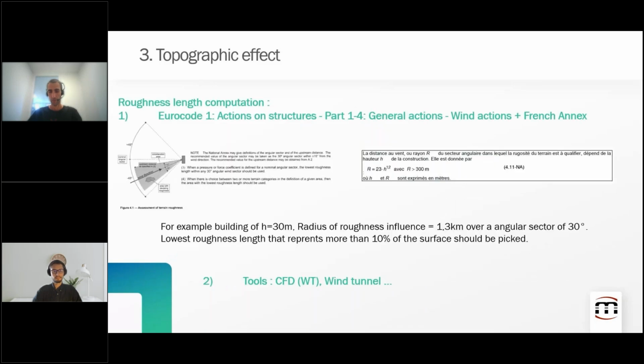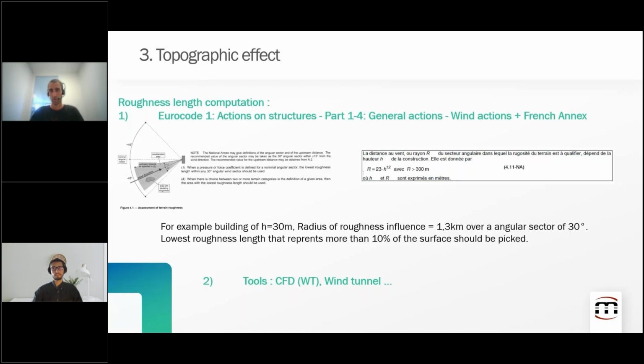I would like to refer again to the Eurocode. Here we are dealing with a safety issue. We want to make sure we take into consideration the windiest condition sector. So we're going to base the analysis on our buildings with a certain height.